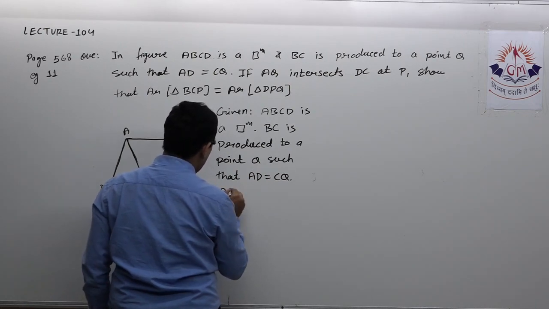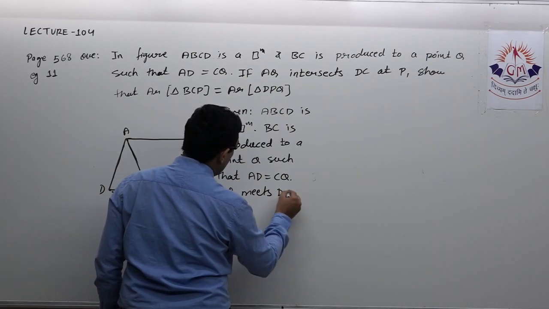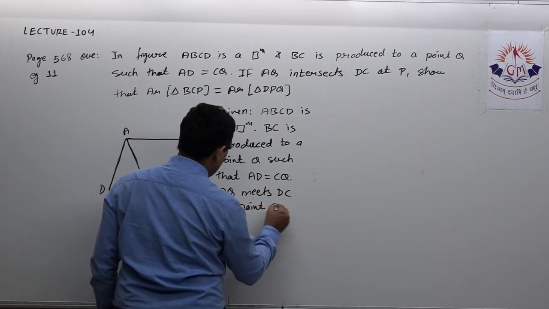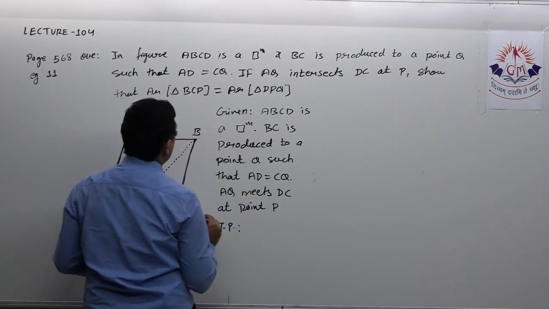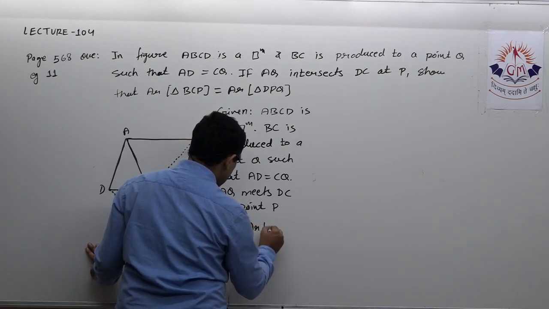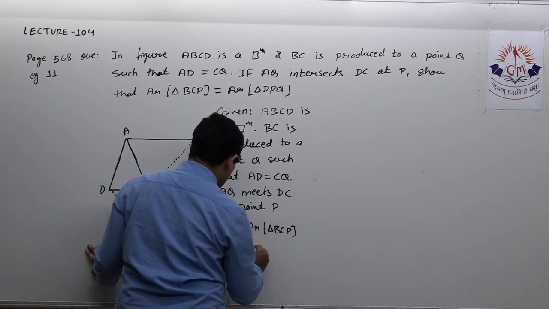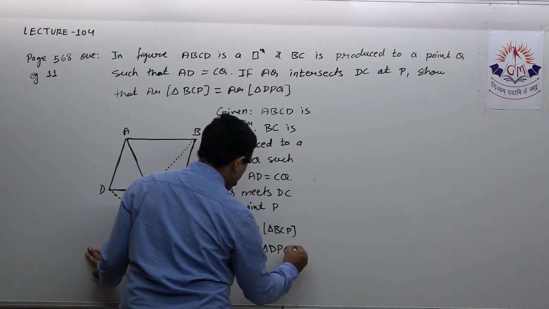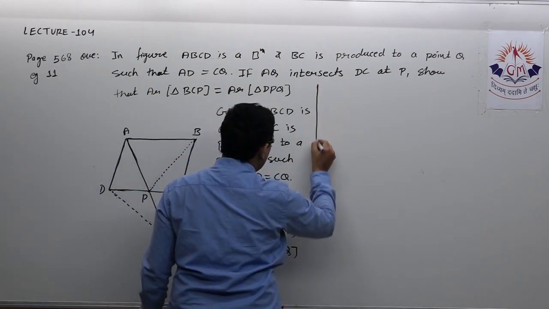Also AQ meets DC at point P. To prove: area of triangle BCP is equal to area of triangle DPQ. Let us see how to prove this.